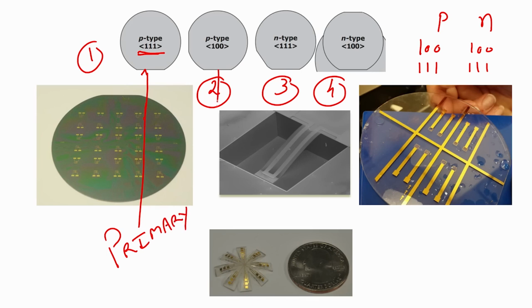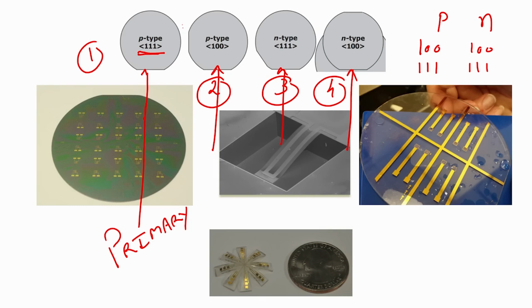There is a primary flat here also, and here. Every wafer has a primary flat, but not every wafer has a secondary flat. So in p type 111 there is no secondary flat.